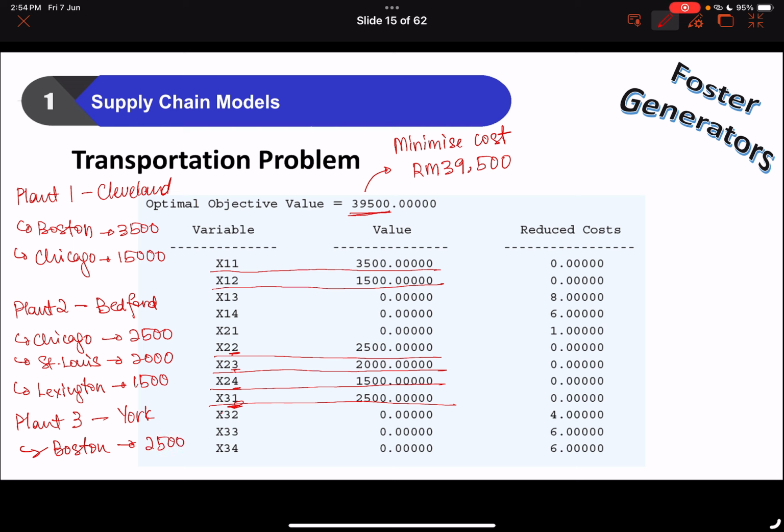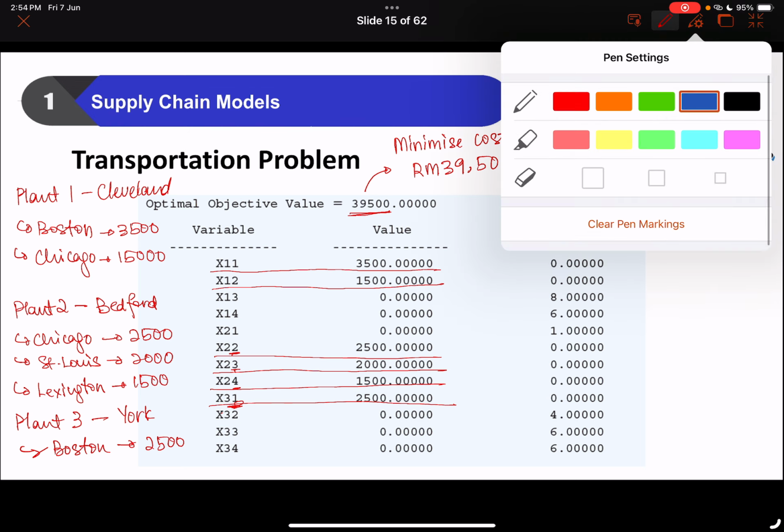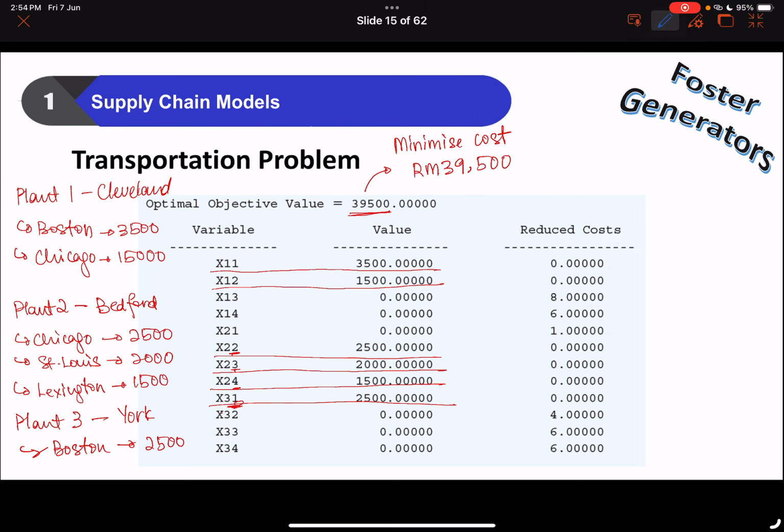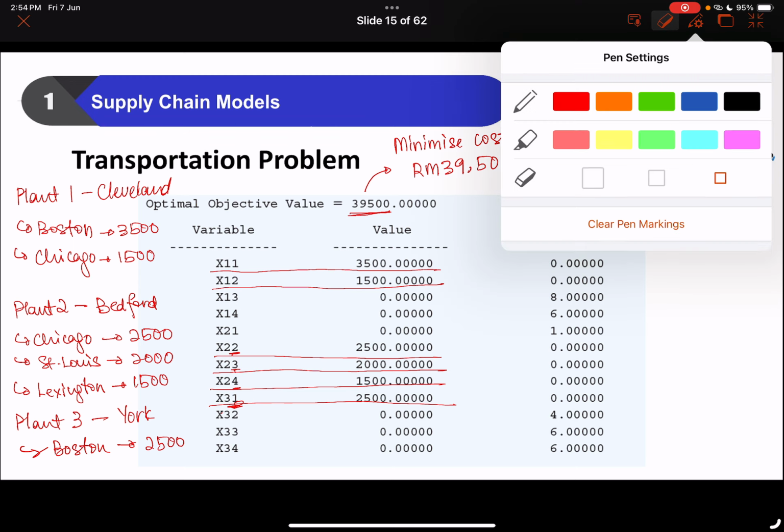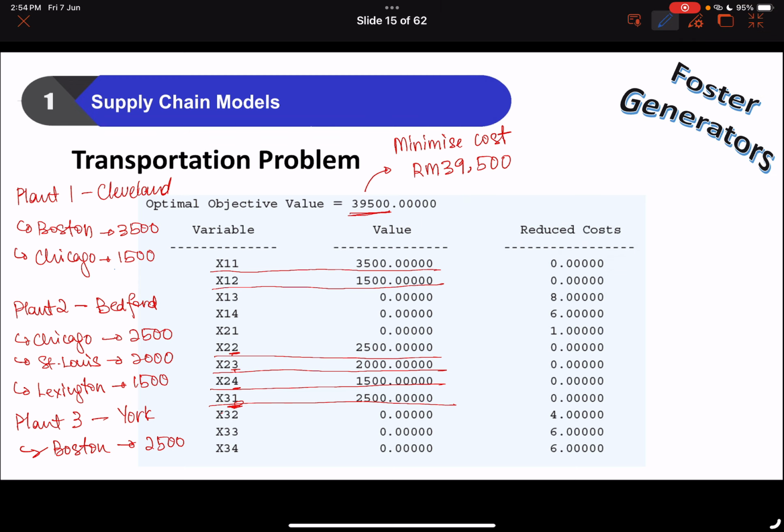So now let's calculate to see if we meet the demand. Oops, here the extra 0 is only 1,500. Here we have 5,000, 6,000, and 2,500.